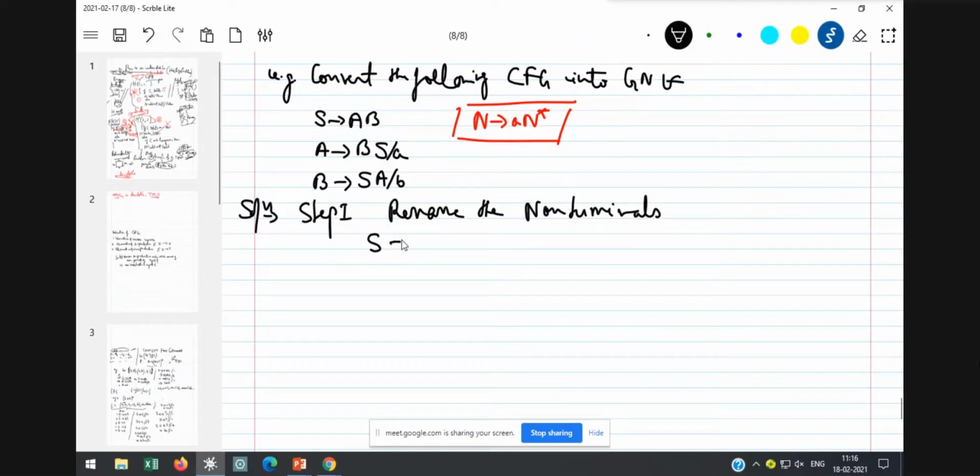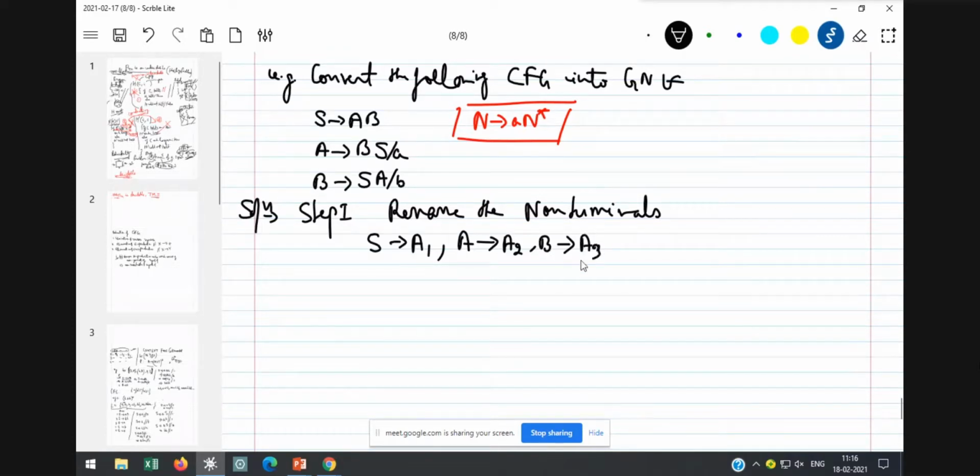So in my case, S will be renamed as A1. This is very important, suffix 1, 2, 3, like that we are going to use. Then A will be denoted by A2. How many non-terminals are here? S, A, then B. Then B will be denoted by A3.